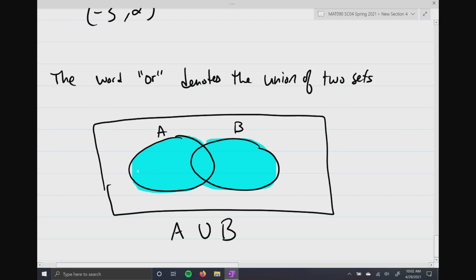What we're really concerned with is we are looking for values of x that satisfy either equation. All right? Either means one or the other or both.